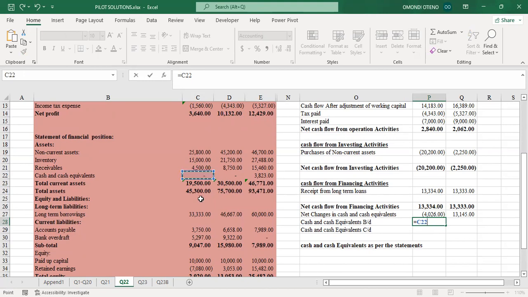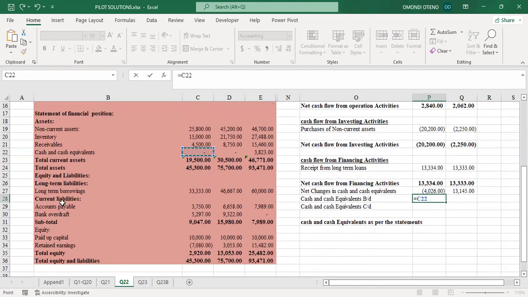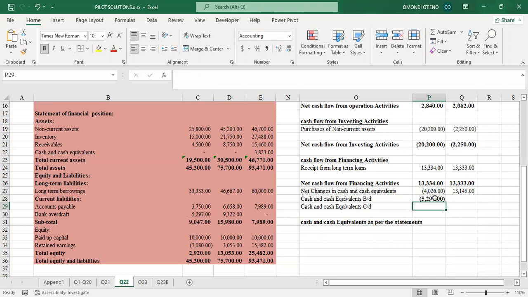And remember, under current liabilities, we have bank overdraft, which is also an item of cash and cash equivalents. So we say minus this one here, bank overdraft. So when we bring that, we are getting a negative cash and cash equivalents brought down.